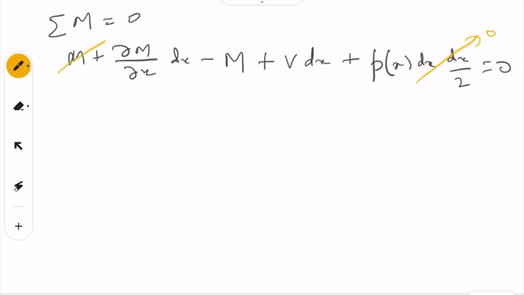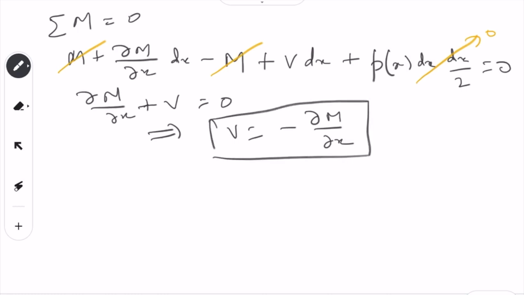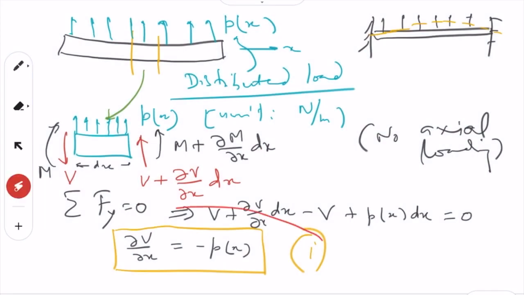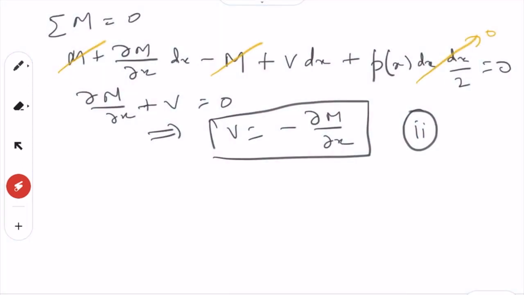What we get therefore is del M over del x plus V equal to 0, or simply V equal to minus del M over del x. This is the second equation. The first equation is dV over dx equal to minus Px, and here we get V equal to dM over dx.